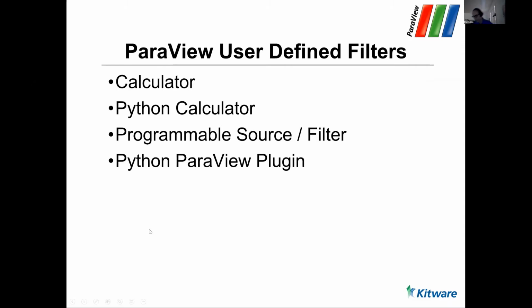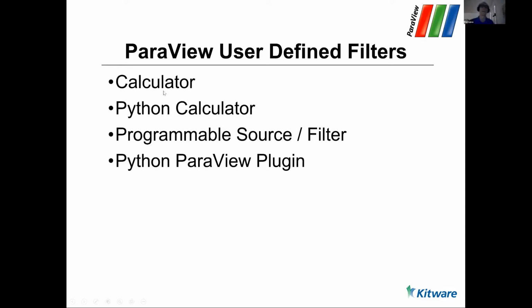Okay, so this was kind of the introductory part for these user-defined filters. So this is the way you access VTK objects and VTK arrays in the programmable filters and also in the Python calculator. Yep.